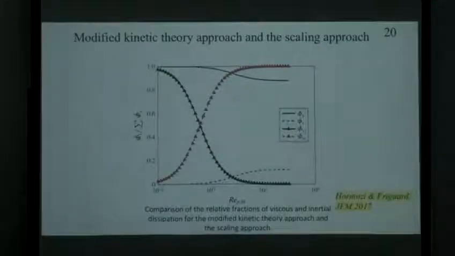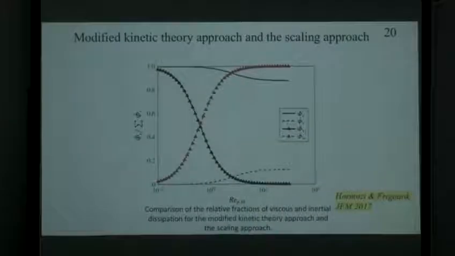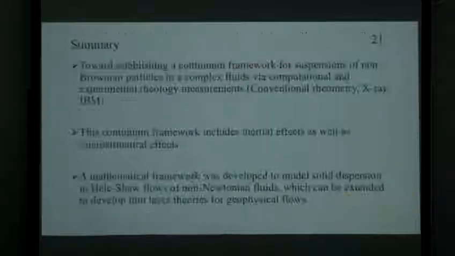However, if you adopt the kinetic theory, this is how much you get. This is very different. I would be happy to sit down with you and show my mathematical algorithm, but I don't think it's going to work. And if you want more detail, look at this paper by Ian Frigaard that we did.